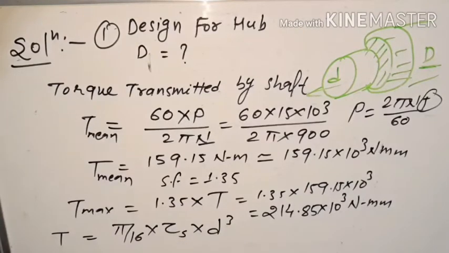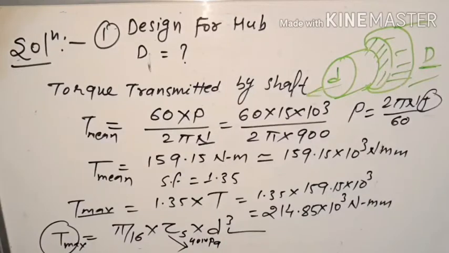You all know this very well. Using this equation, putting the value of T, this is T maximum, the torque transmitted by the shaft. Putting the value of tau s, because this is given in your question and it is about 48 megapascal, find d.